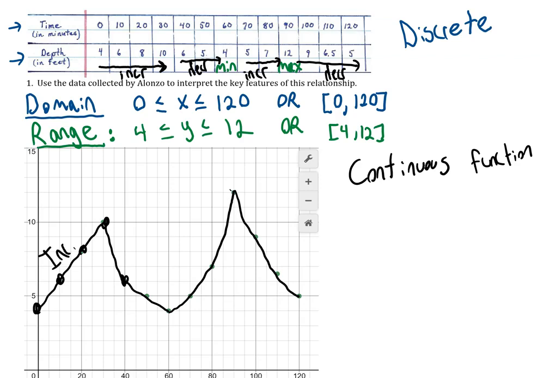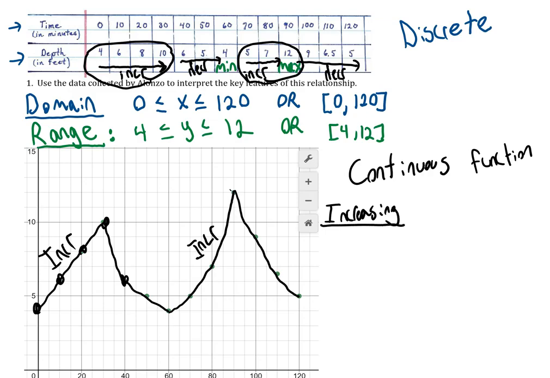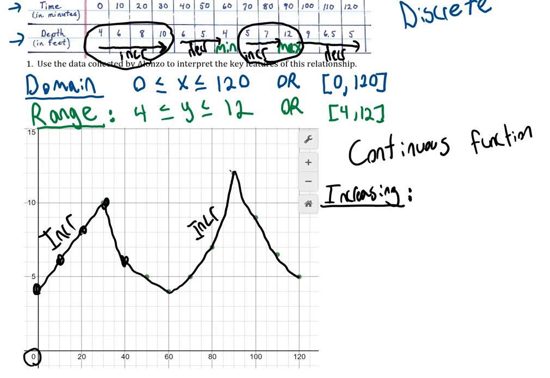As we said, we have these intervals of increase right here that we can see from the table as well as on the graph. For this first interval of increase, I'm going to use interval notation. We always base increasing and decreasing off the x values. So the first interval of increasing started at an x value of 0 and ended here at an x value of 30.